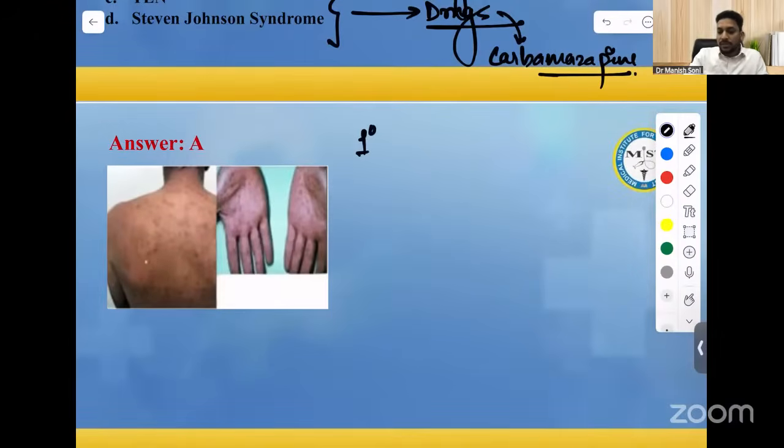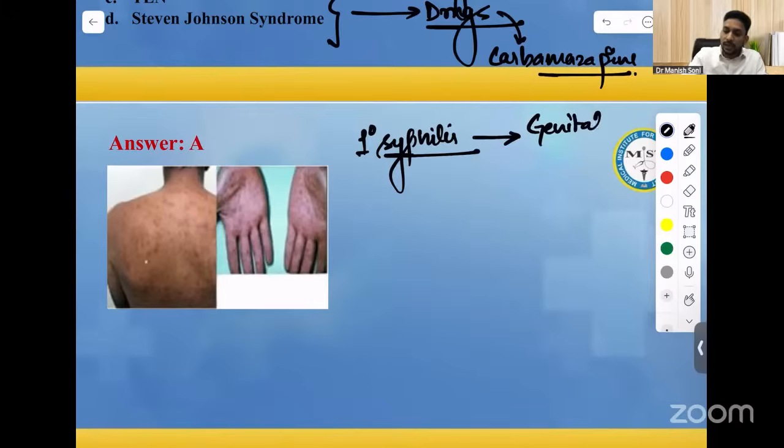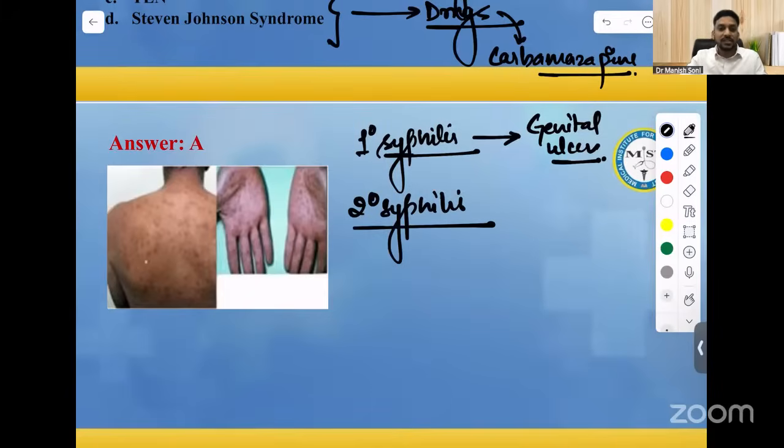What is primary syphilis? Primary syphilis is the first lesion which develops after history of contact, and that is usually in the form of genital ulcer. So primary syphilis presents with genital ulcer. But when this genital ulcer heals, patient can later present with secondary syphilis. So secondary syphilis develops after genital ulcer have healed.